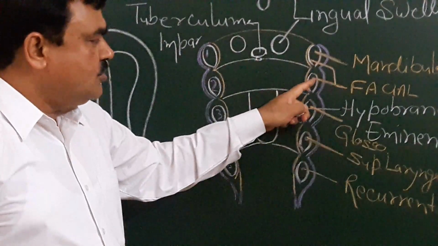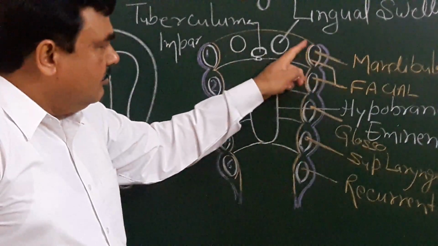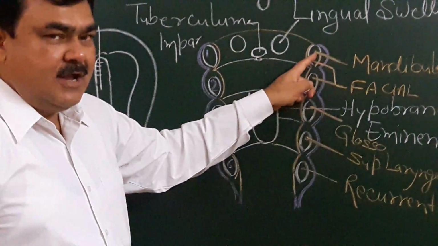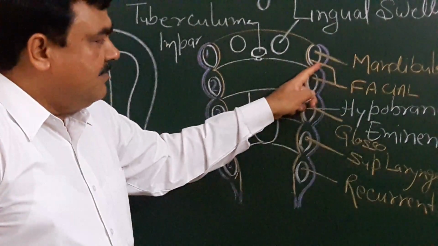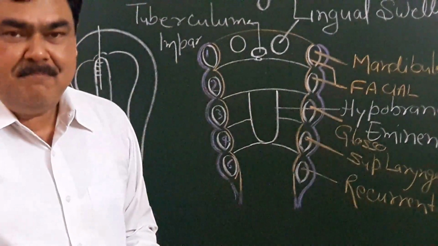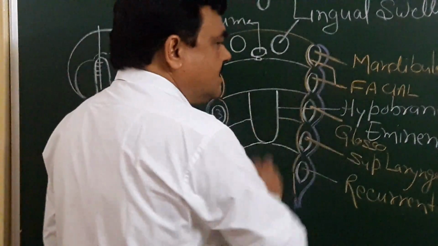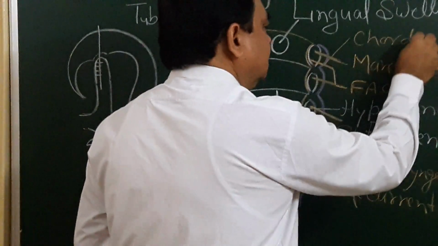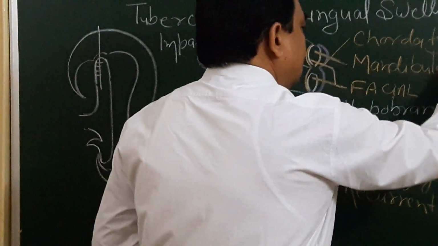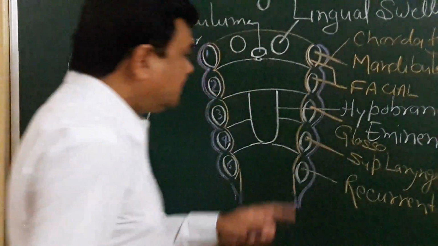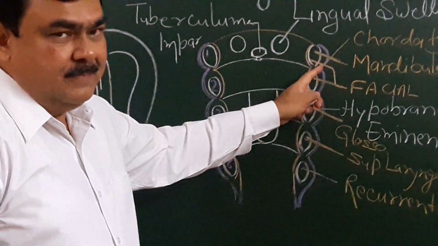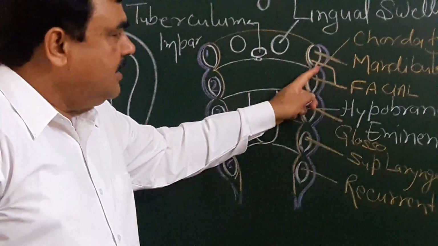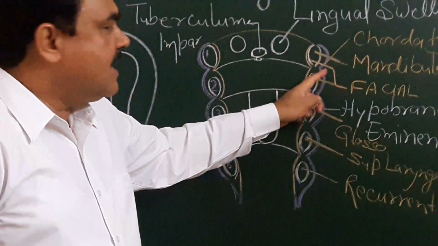This is pretrematic, this is posttrematic. So the first arch is supplied by two nerves: the mandibular nerve and this pretrematic nerve, known as the chorda tympani. This is a branch of the facial nerve.